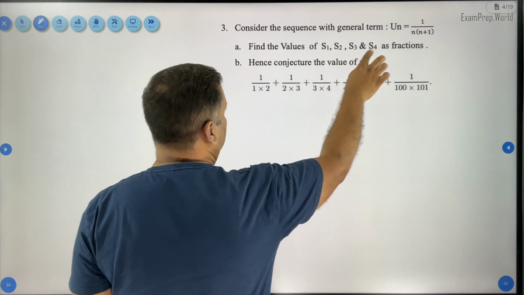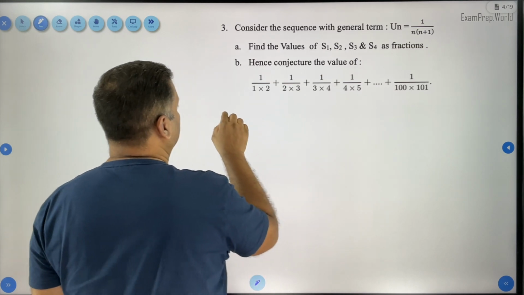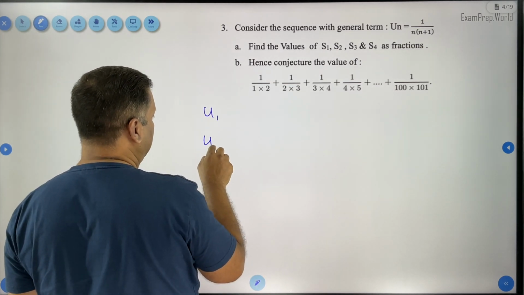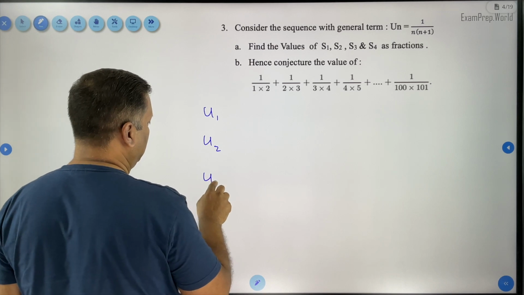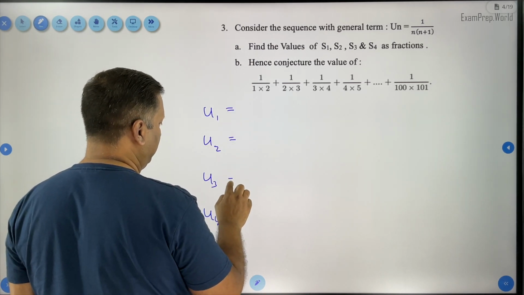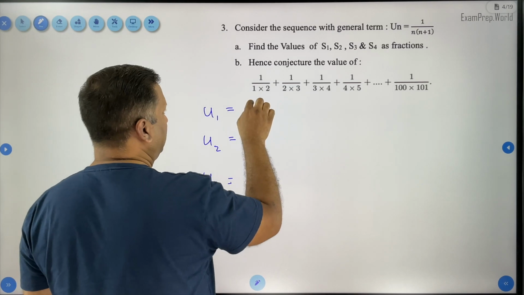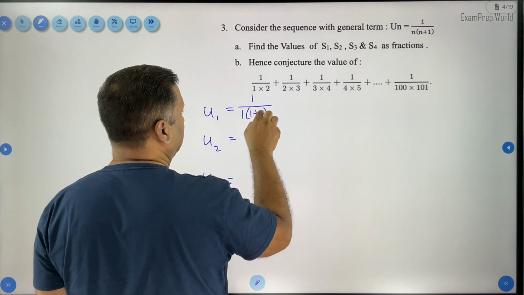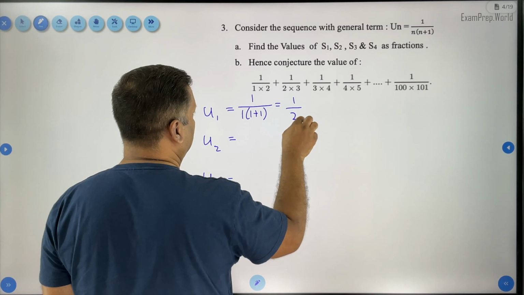Because they are asking us up to S4, we will find all the terms U1, U2, U3 and U4. Once we do this, our job becomes very easy. So U1 is 1 upon 1 times 1 plus 1, isn't it? Which is 1 upon 2.